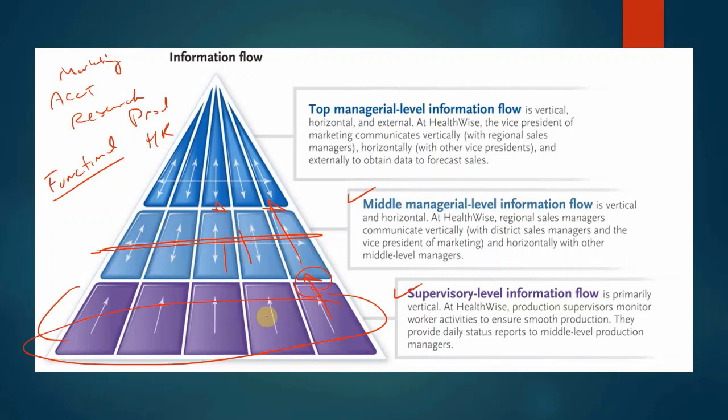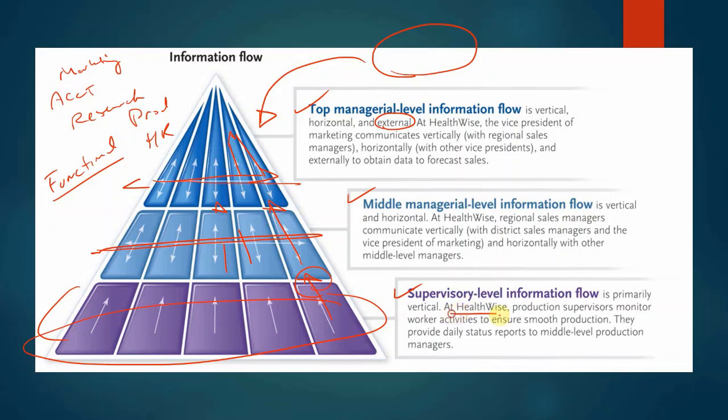and that information is being pushed up. And then you have top level managerial information flow, which is vertical and horizontal, just like middle management. Your VPs from these different areas can share information with each other that's relevant to also push up. And it's also external, meaning they may take information from outside of the organization to input in.